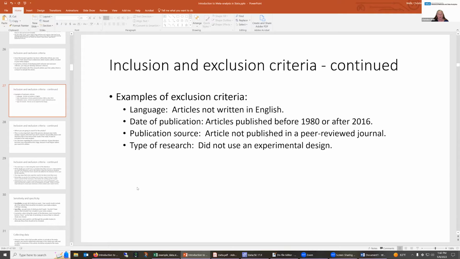I've seen others where they've put a restriction on the age of the participants. If you're looking at kids who experience this or that kind of event, well, then you need to define what it means to be a kid and put your age ranges on that. Others have made other kinds of limitations, and it's all fine, but you want that list so you can go through the articles and start to exclude the ones that don't meet your criteria.